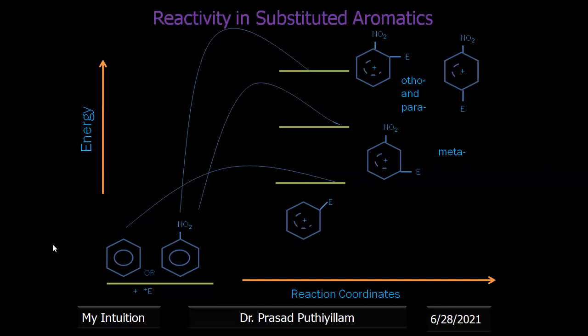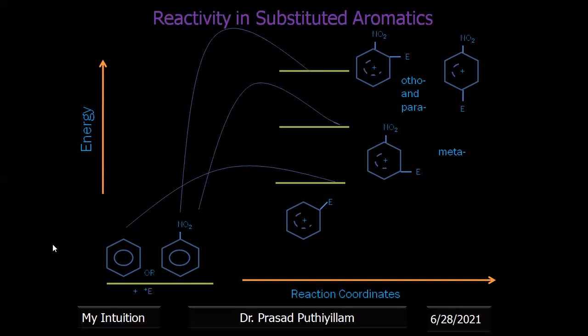So if it is an electron deactivating group, an electron withdrawing group, or aromatic ring deactivating group, we can see how the name came, deactivation. That means it deactivates the ring towards the electrophilic substitution reaction, or we need a higher energy to pass this transition state.